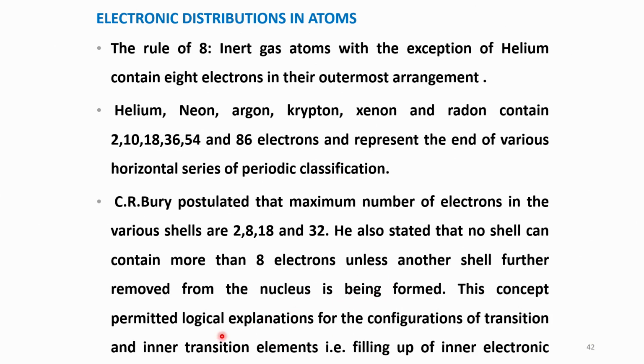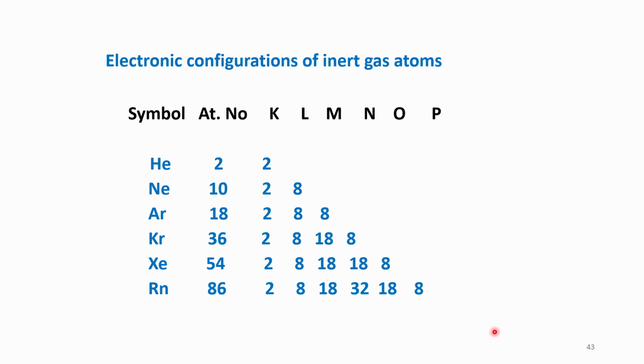So, this concept permitted a logical explanation for the configuration of the transition and inner transition elements, that is the filling up of inner electronic configurations. For example, here you can see that helium has atomic number 2 and has 2 electrons in the K shell, and next is neon, which has 10. So, 2 go into the K shell and 8 go into the L shell.